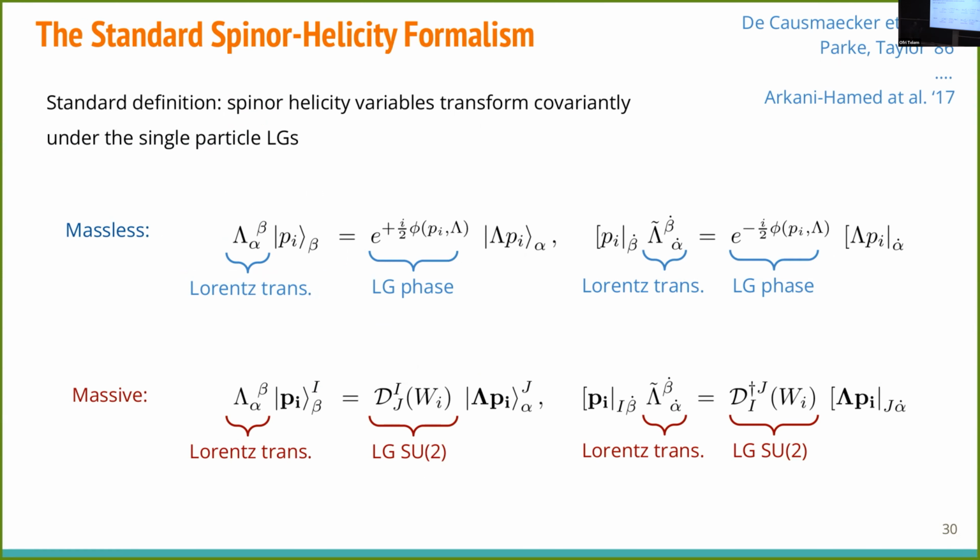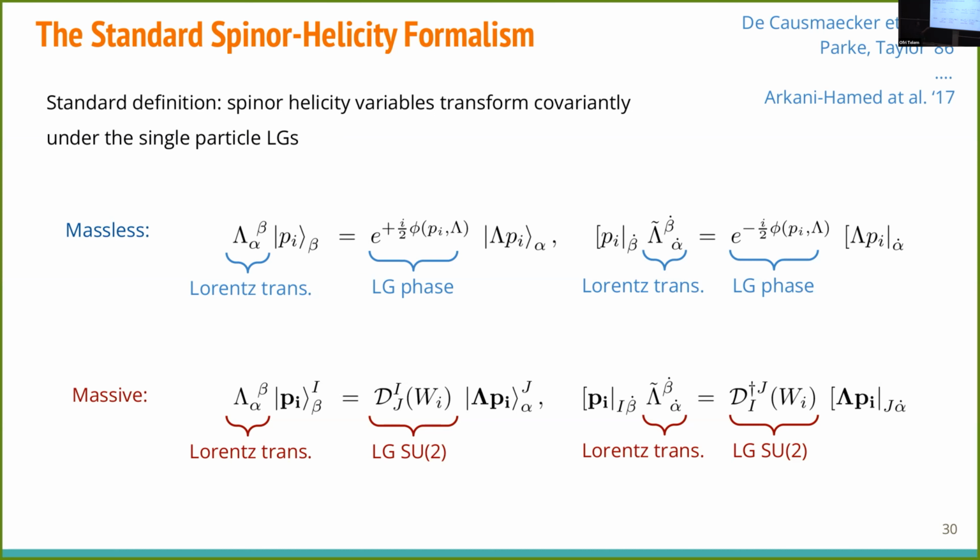And the important thing to know about these things is when you act on them with a Lorentz transformation represented in spinor space, what you get is just like in the quantum state, you get a lambda acting inside the ket on the momentum itself, but you get an extra factor. Now, if you use these with the spinor indices contracted to construct the functional form of the S matrix, it'll transform with this extra phase, saturating the required phase that we know from the quantum states.